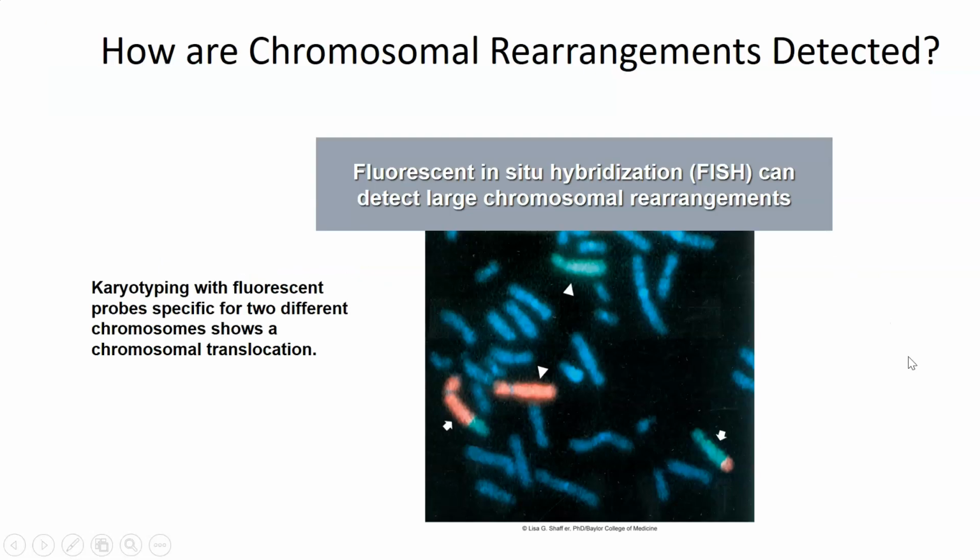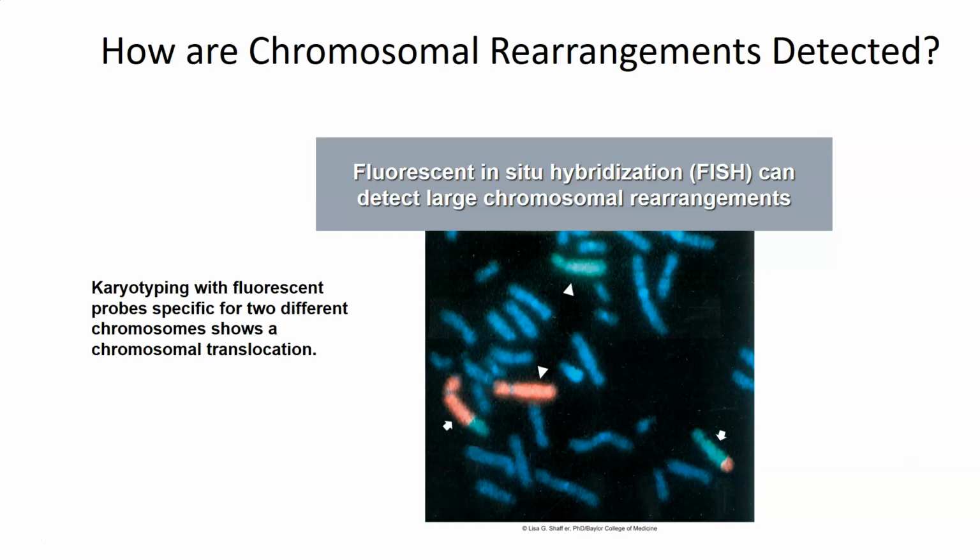Now, chromosome rearrangements can be large, and these can be detected under the microscope by looking at chromosomes from mitotic cells. In metaphase of mitosis, the chromosomes are compacted to their highest degree. And there are techniques for detecting chromosomes that have undergone rearrangements.